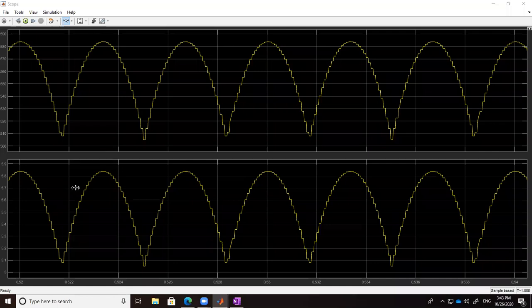How many pulses do you see in the output? For one fundamental cycle, how many pulses do you see here?